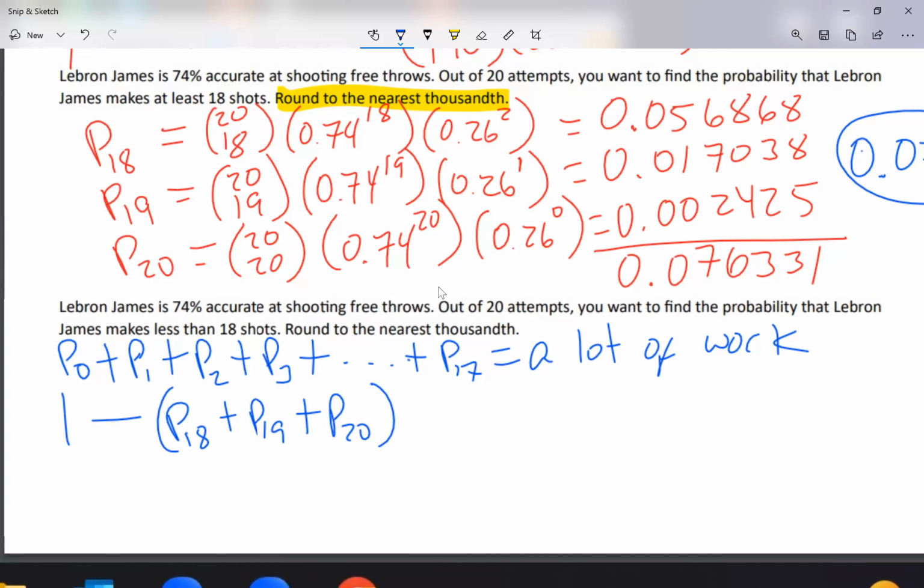Because I know all the possibilities, from he makes 0 shots, 1 shot, 2 shots, all the way to 20, add up to 1, because that's all the possible probabilities. So instead of going probability of 0 plus probability of 1 plus probability of 2 all the way to 17, I find the opposite, probability of 18, 19, 20, and I subtract my result from 1.